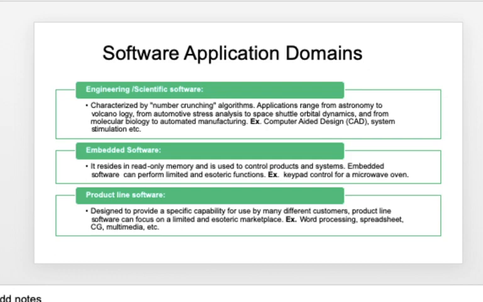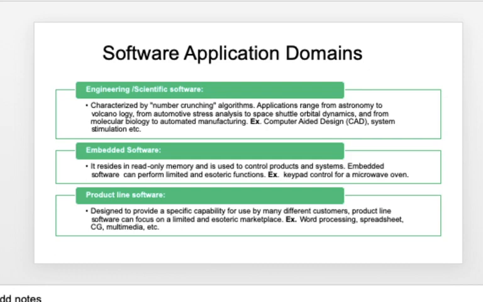Then we have the embedded software, which is very famous. It resides in a ROM, the read-only memory, and is used to control products and systems like the keyboard control for a microwave oven or for a fully automatic washing machine and so on.